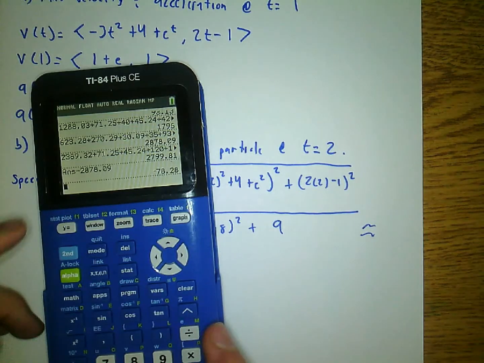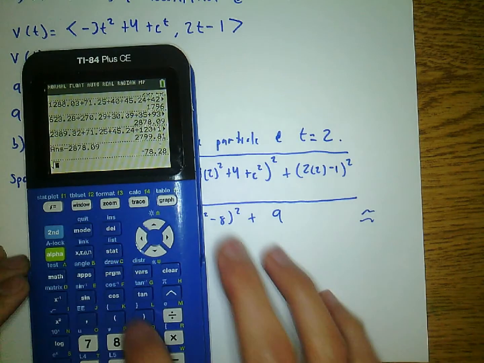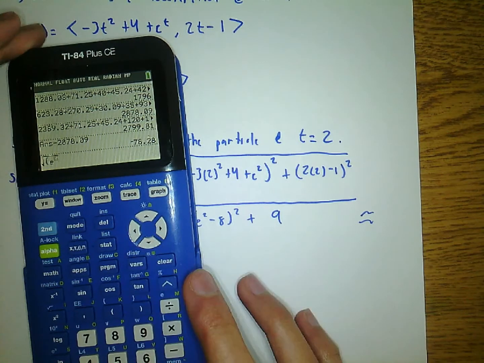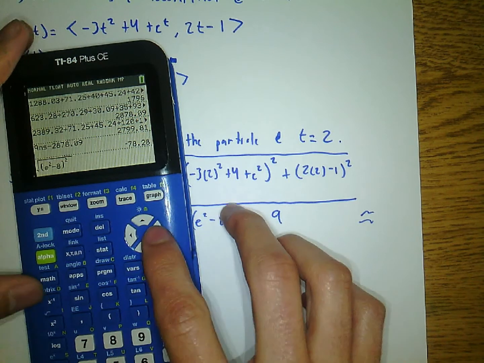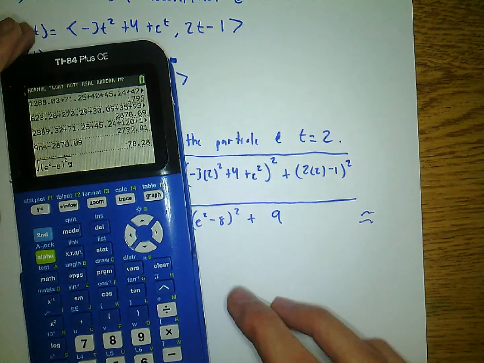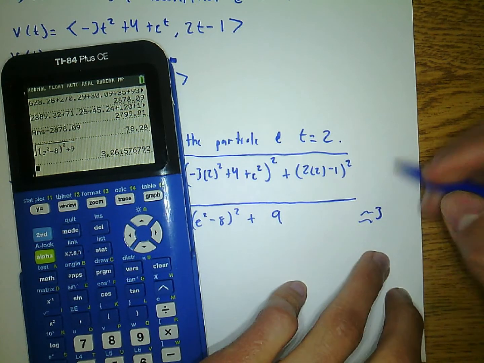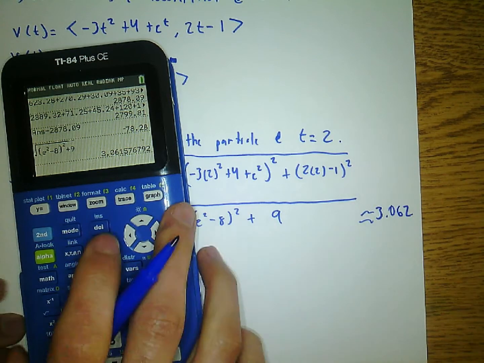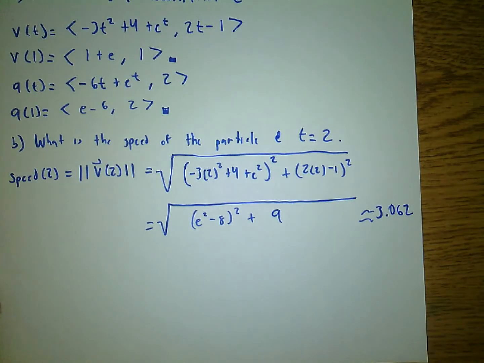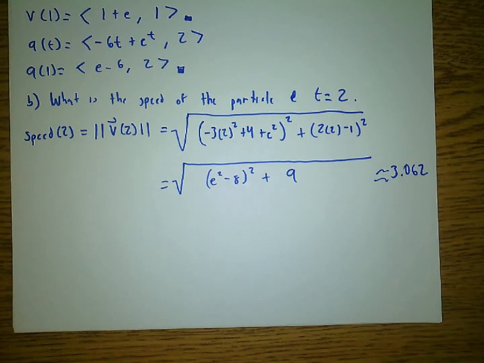So we got the square root of e squared minus 8 squared plus 9. And it gave me approximately 3.062. Remember, on the AP exam, calculator questions, you are to round to 3 decimal spots. Okay?